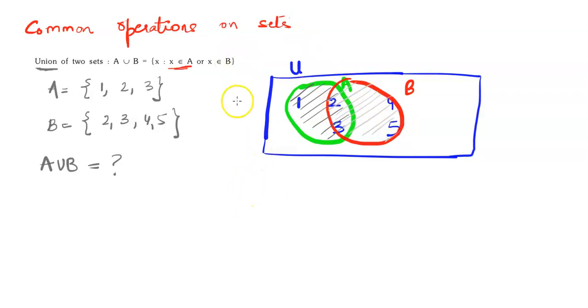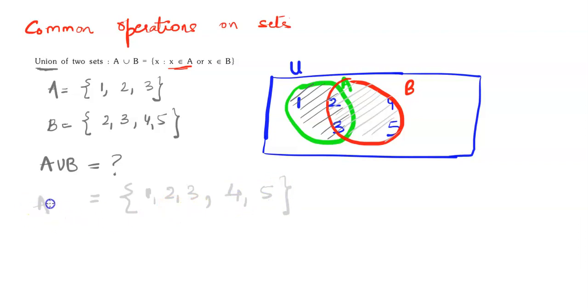So X belongs to A or X belongs to B, which means X belongs to A, so it will take the values 1, 2, and 3. And then X belongs to B, so it will take the values 2, 3, 4, and 5. However, we know that sets are unique, so we don't repeat the values 2 and 3. So we just add the values 4 and 5.